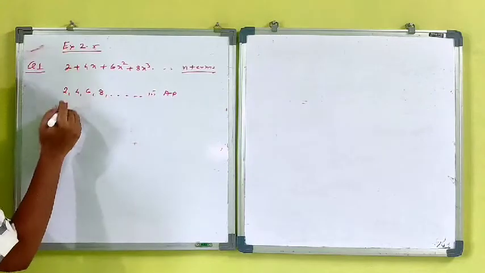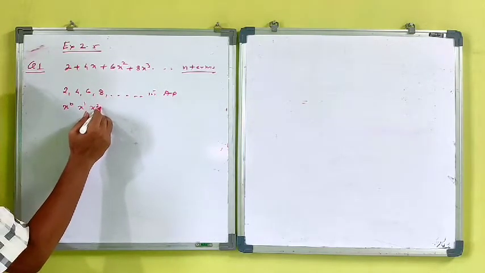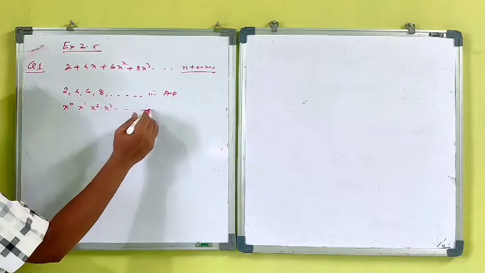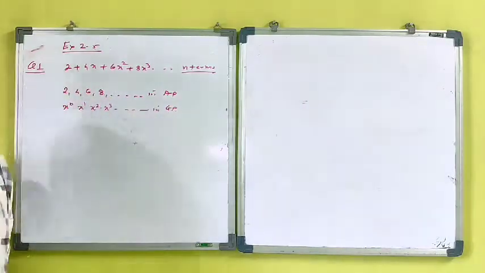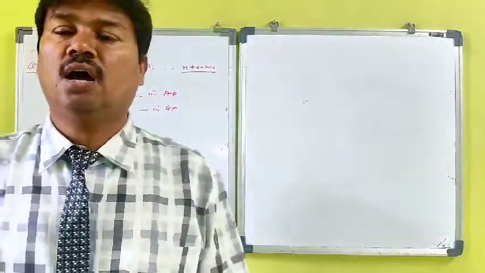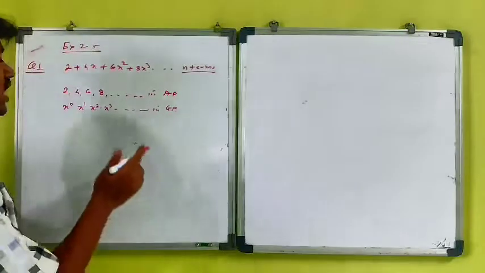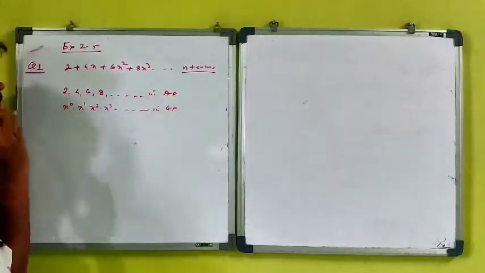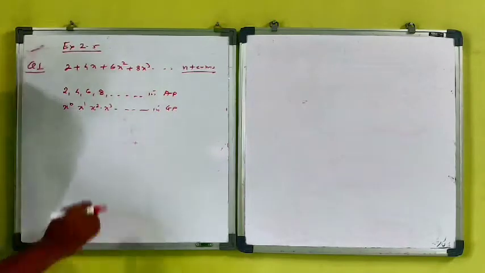If you observe, x is to 0 here, x is to 1, x is to 2, so this is in GP. So this becomes AGP, an arithmetic geometric progression mixture. First of all, you have to find Tn in this case.